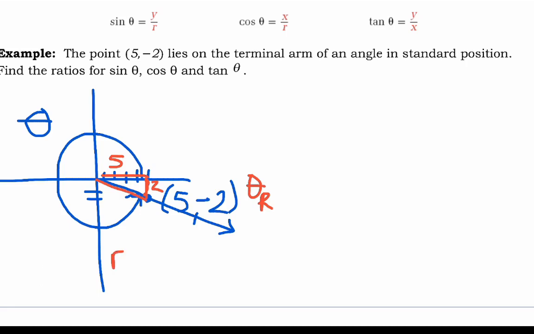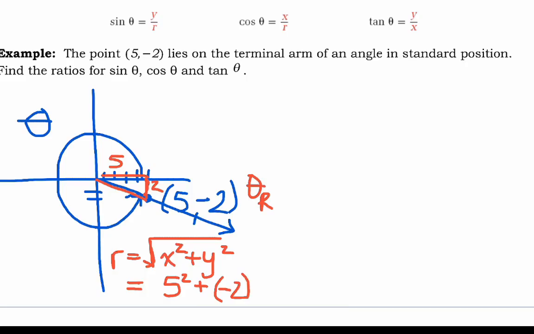R is equal to the square root of x squared plus y squared. Well, x is 5. Y is negative 2. And we're going to square root that. And so what would we get? Well, 5 squared is 25. Negative 2 squared is 4.